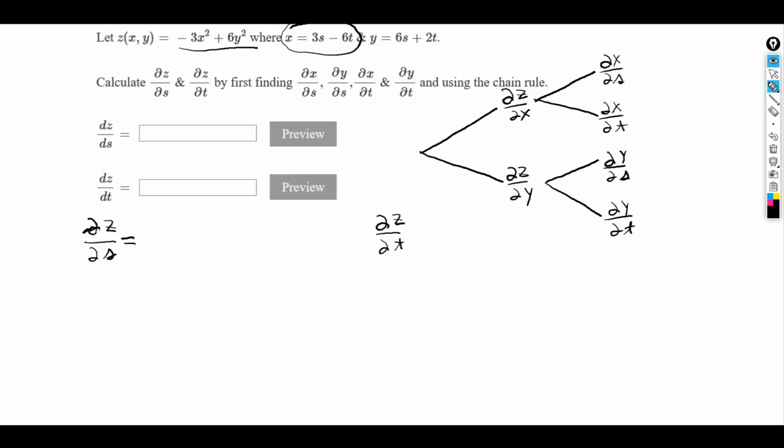to s by doing the partial of z with respect to x, then the partial of x with respect to s.